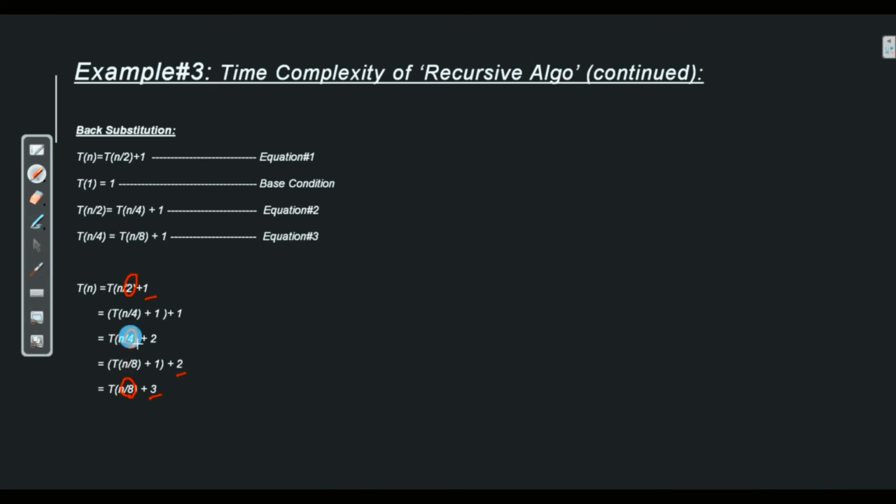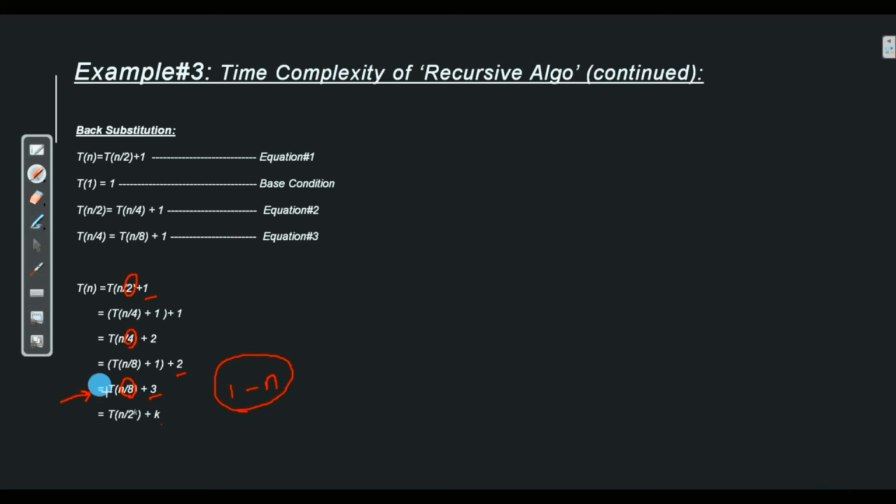So now can we represent this equation in a more generic format? Yes, we can. So we have T(n/2^k) + k. Now what is k? k starts from 1 and it ranges from 1 till n. So now most of our work is done.